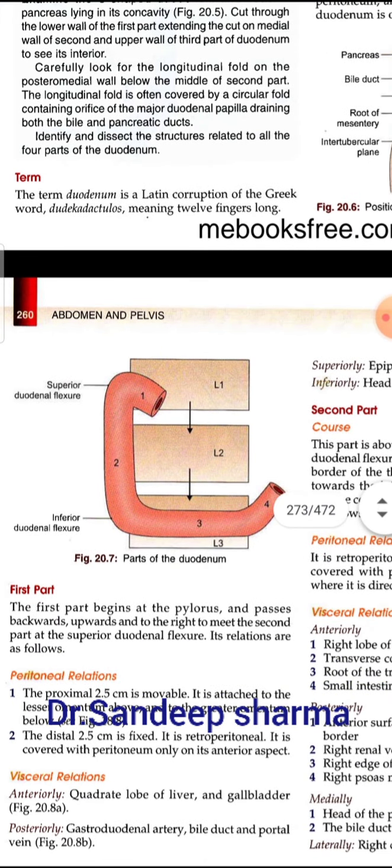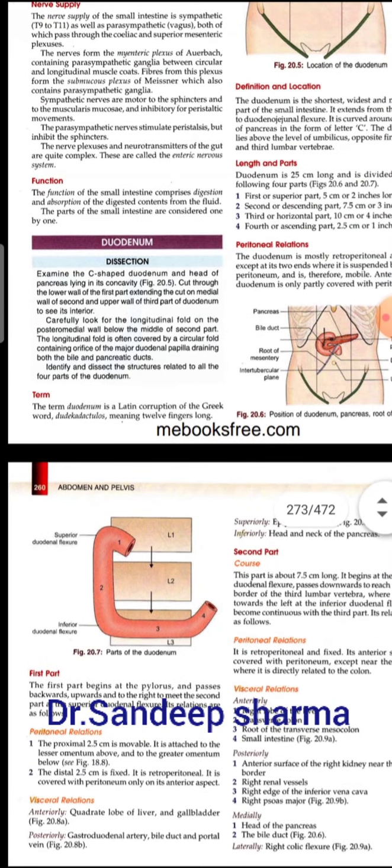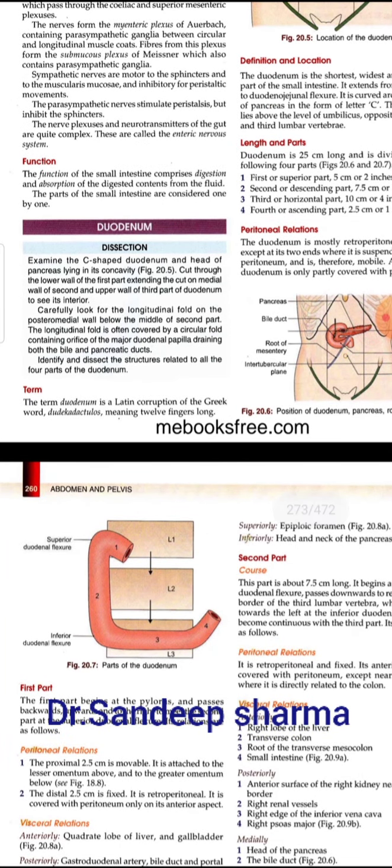Number 2 is the second part or descending part. This one is 7.5 centimeter. The third part is the horizontal part, which is 10 centimeter. And the fourth part you are seeing over here is the ascending part. This is 2.5 centimeter in length.